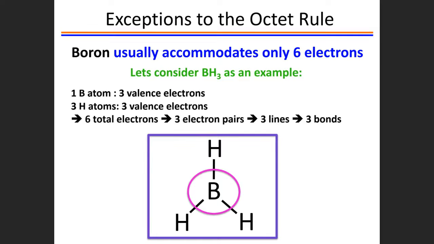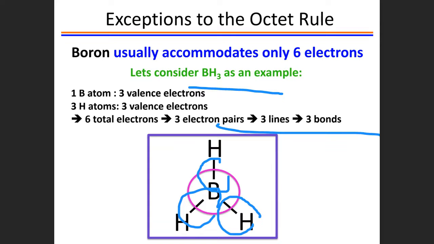So here we have this compound BH3. This BH3 doesn't make an octet, but has 6 electrons here, and still it is stable. This is the exception. So you have to remember, there is no way except remembering.